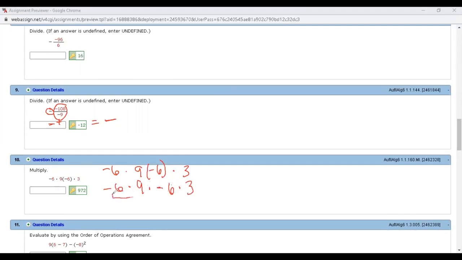So negative 6 times 9, you can keep your answer in the calculator. You can do times negative 6, keep that in the calculator, and do times 3. During this video, you all can put this stuff in your calculator to make sure that you are getting the correct answer, so that you won't have any problems with these on test day.